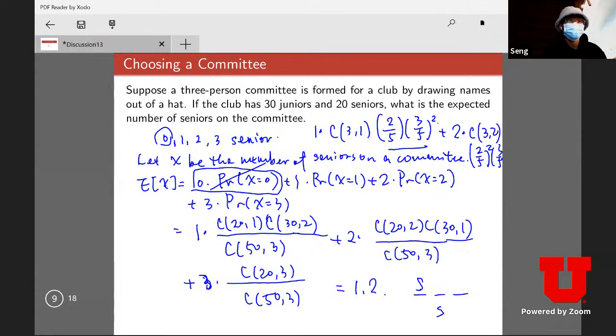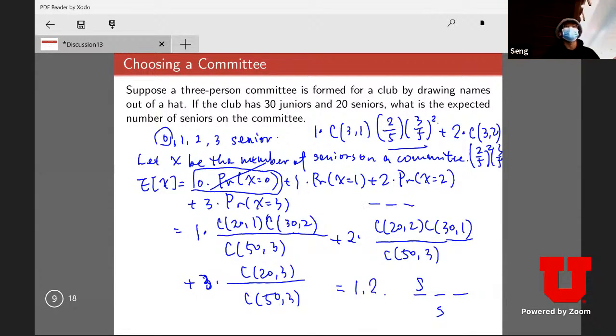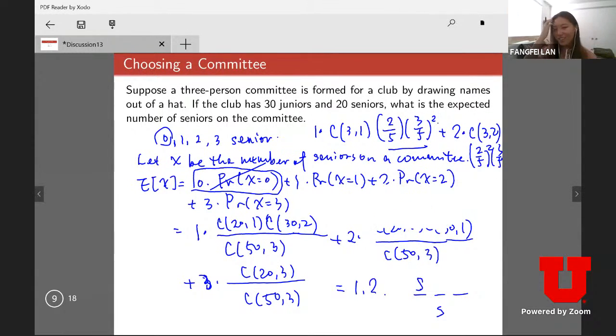If you think back to the games, it's the same thing. Oh, I get it now. I think the game makes more sense here than choosing people, because here you think the order doesn't matter. How come we have 3 people in the committee? But in the game, it's the same thing. You always win no matter where the 2 spots are, but still we care about when they first win or second win.